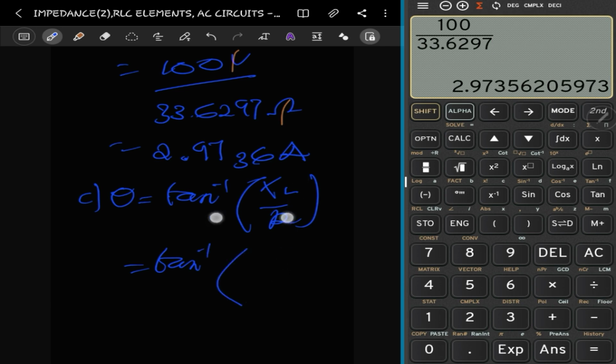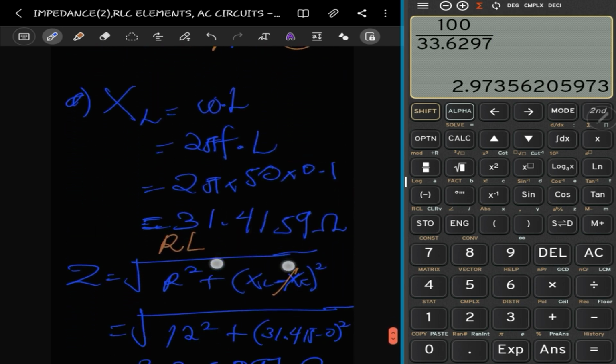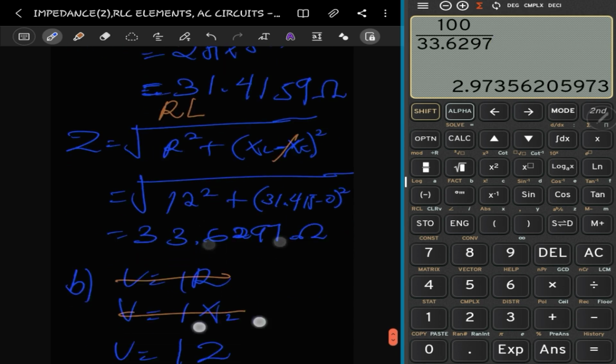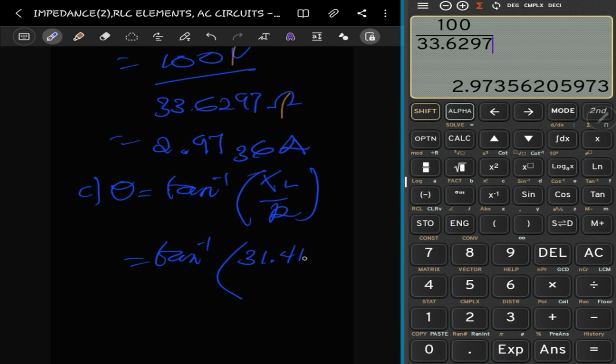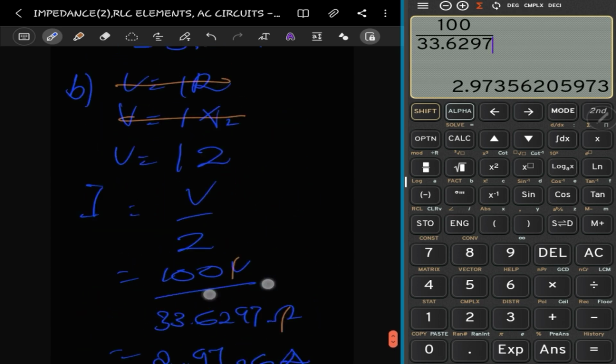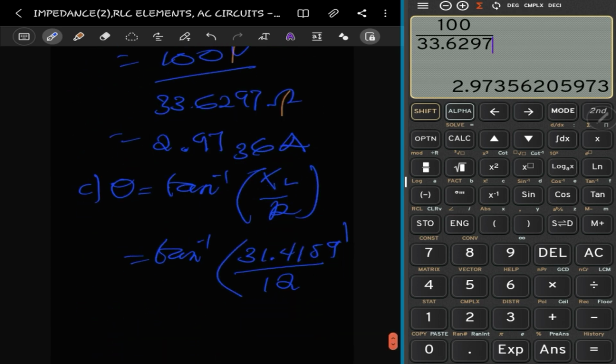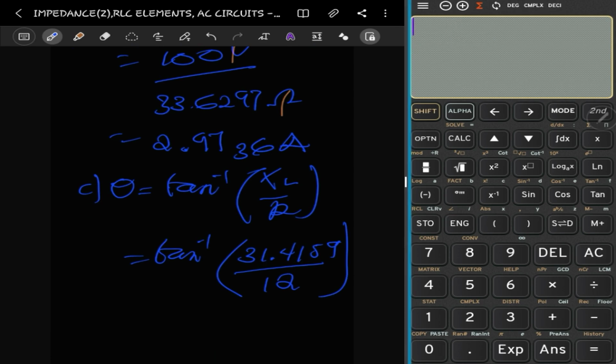So let's see what our XL is. That's the inductive reactance, 31.4159, and then we have our resistance, 12. So tan inverse of 31.416 on 12.